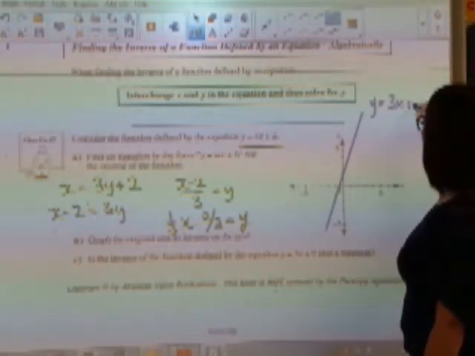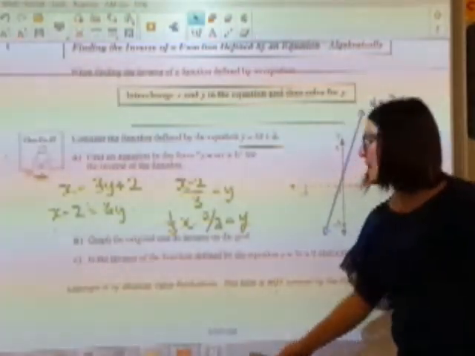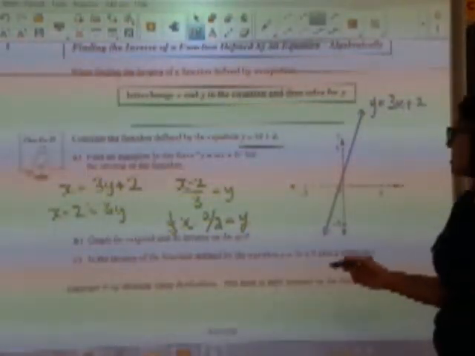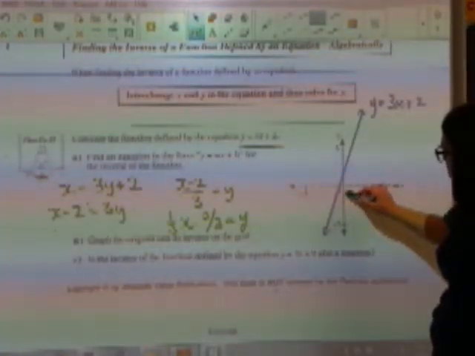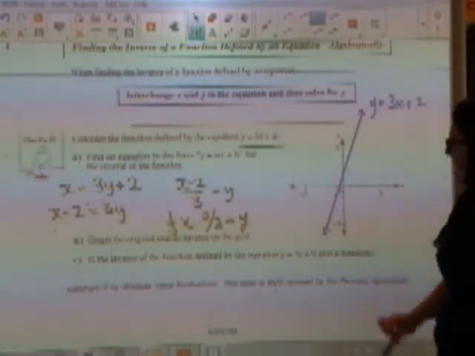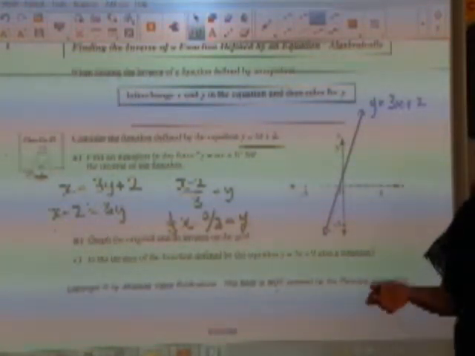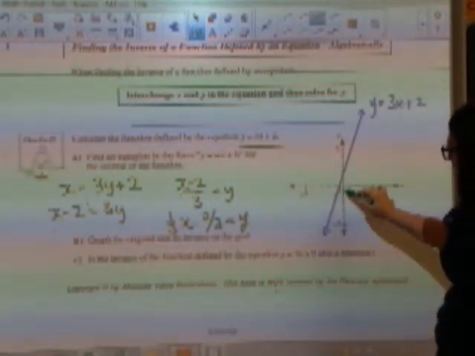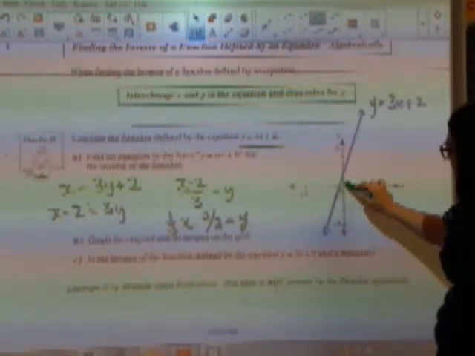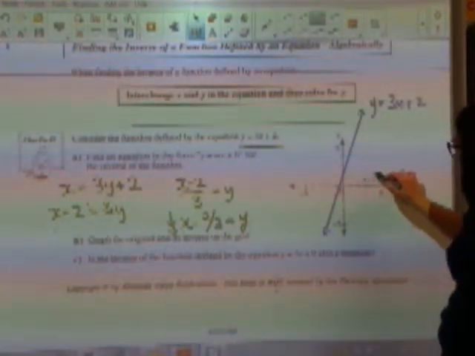And that extends in both directions. And then I have a 1/3 x minus 2/3. So the minus 2/3 tells me I would be at about negative 2/3 for the intercept. And then my rise is 1 up, 3 to the right. So it's a little bit harder to draw this one. So 1 up and 3 to the right. 1, 2, 3. 1 up and 3 to the right.